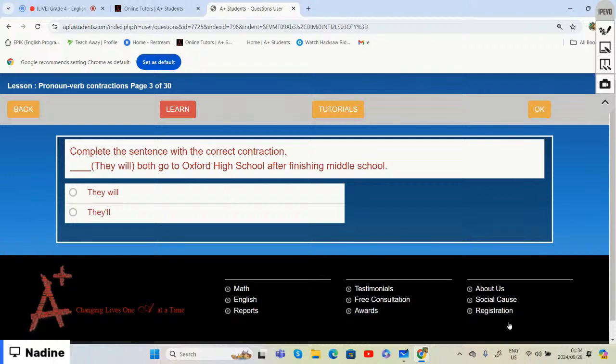So the next one says, they will both go to Oxford High School after finishing middle school. We need to choose the shortened word for they will.